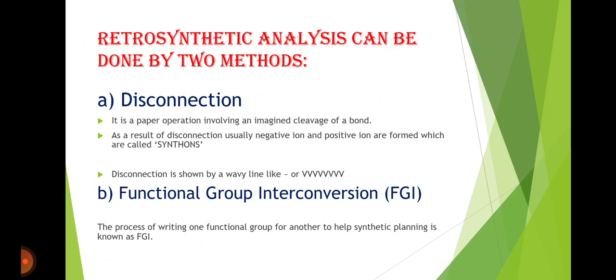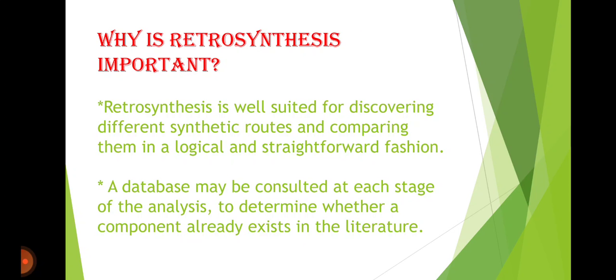Here I have shown how to represent the disconnection, either in the wavy manner, or we write it like that. And FGI is functional group interconversion. It is another way for the analysis of retrosynthesis.